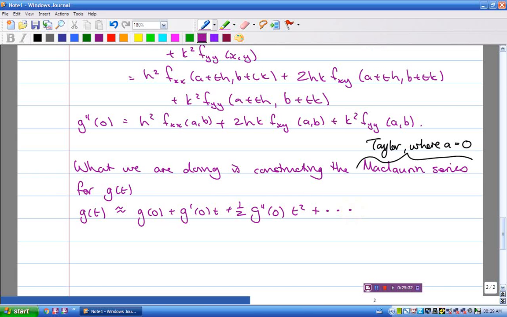That's where we're plugging into that sigma, that sigma that we had down at the bottom of the first page of notes, where instead of a we've got 0, instead of f we've got g, and instead of x we've got t. And I'm only going to go up to second order, and then we can be sneaky and let t equal to 1.